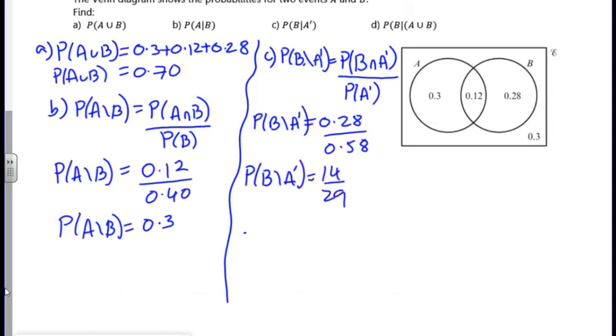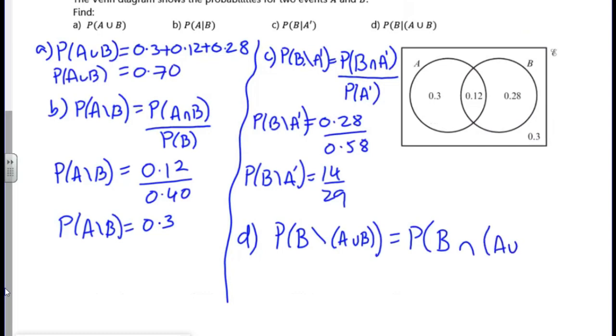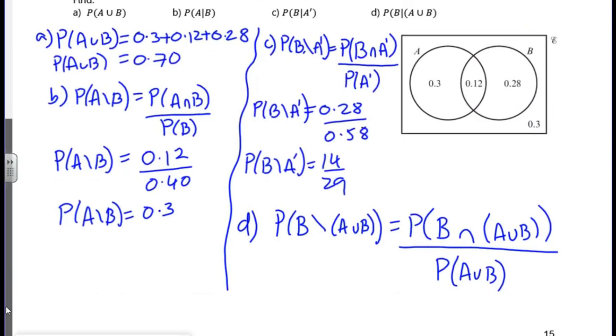There. And then D wants the probability of B, given that it's come out of A or B. So that would be the probability of B and A or B, taken out of the probability of A or B. Right then. So B and A or B must just be B. You filter it through, you think about it.